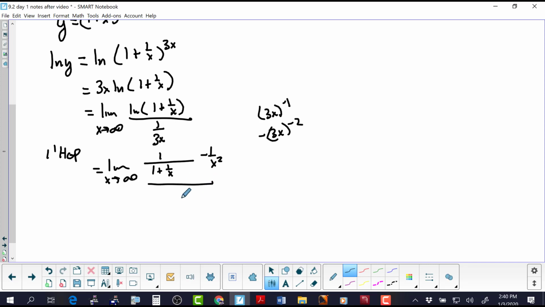So that's over negative 1 over 9x squared. Now we can multiply the top and bottom by negative 9x squared, and we get positive 9. So this becomes the limit as x approaches infinity of 9 over 1 plus 1 over x.